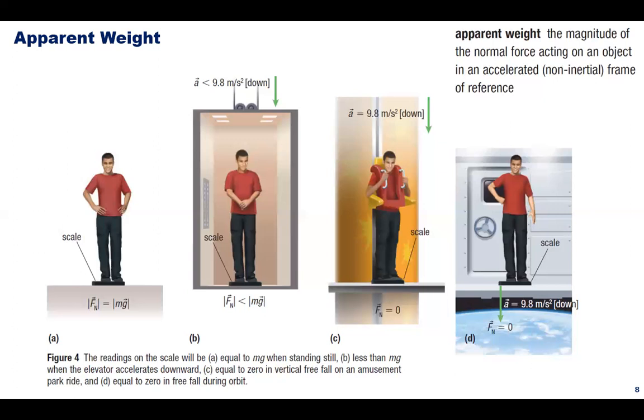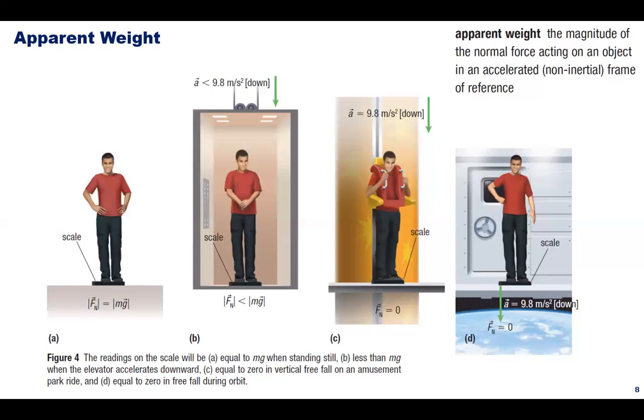It becomes a non-inertial frame of reference when it accelerates, resulting in a normal force that is either greater or less than your weight. The magnitude of this normal force in a non-inertial frame of reference is called apparent weight. So other non-inertial frames of reference produce other values for apparent weight.